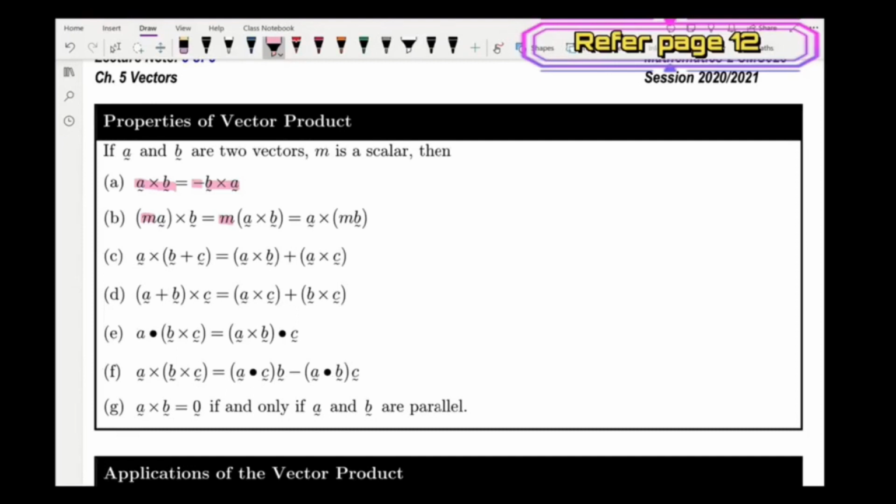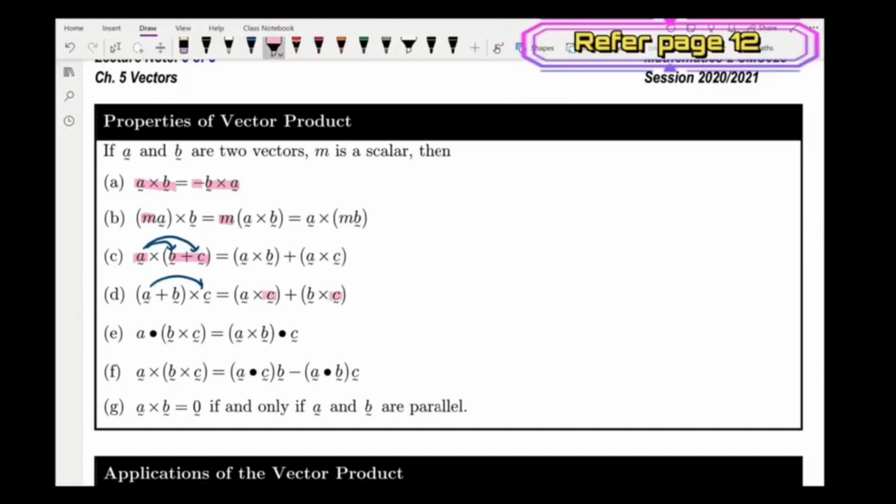C, katalah kita ada dua vektor yang kita plus. Kita nak cross product di depan. Itu kat depan. So, dia akan jadi A cross B plus A cross C. Kat depan lah. Kalau kat belakang, dia mesti duduk belakang. A cross C, A, C belakang. And then B cross C pun dekat belakang.